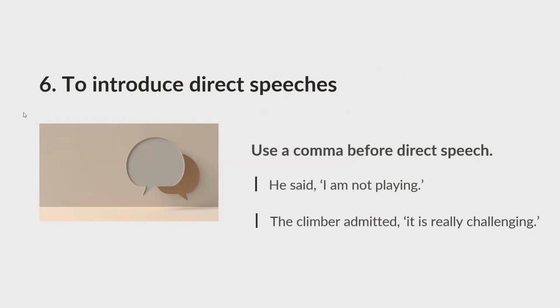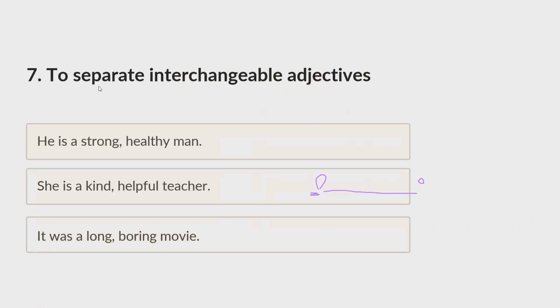These two marks are known as speech marks or inverted commas. So when we have these inverted commas and a comma comes before them, this use of the comma is to introduce the direct speech. For example, he said, "I'm not playing." So these are his exact words. Next one.